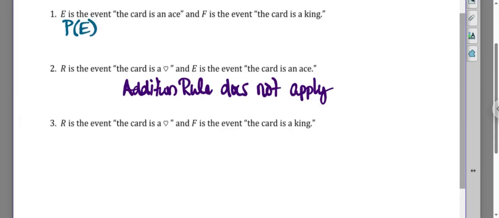The probability of E is to get an ace, and that's 4 out of 10.